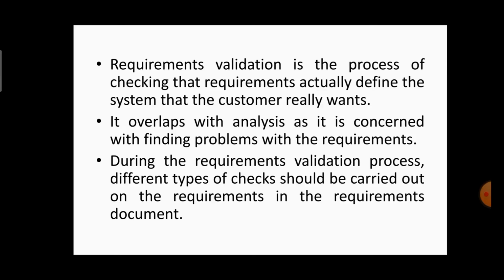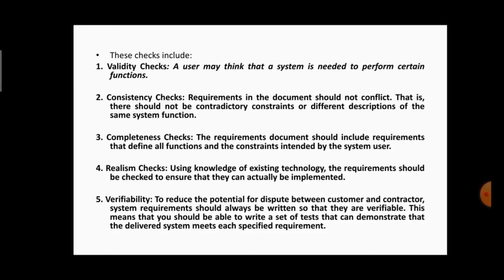So, the first one is a validity check, the second one is a consistency check, the third one is a completeness check, the fourth one is a realism check, and the fifth one is verifiability. You have to do all these checks for your requirements, whether it is a user requirement or a system requirement, it doesn't matter.